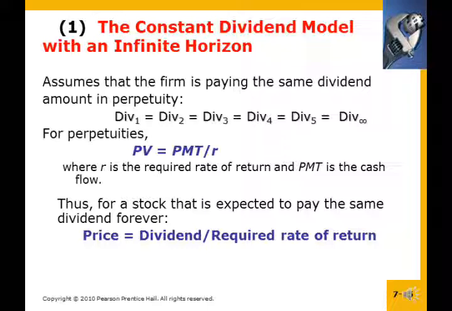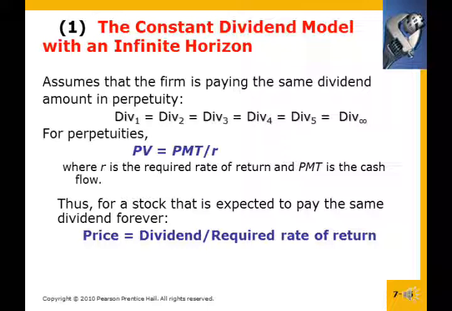What is the rule of consol bond or perpetuity in time value? The rule is present value equals periodical cash flow PMT divided by R, where R is the required rate of return and PMT is the cash flow.